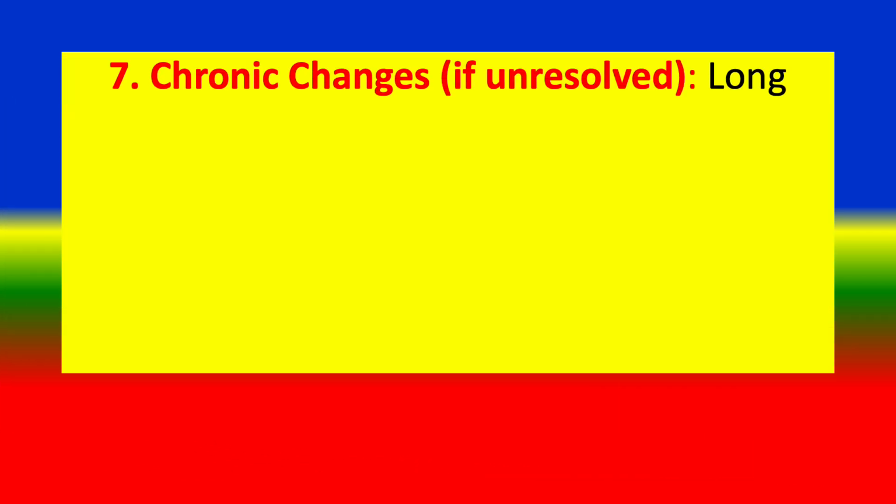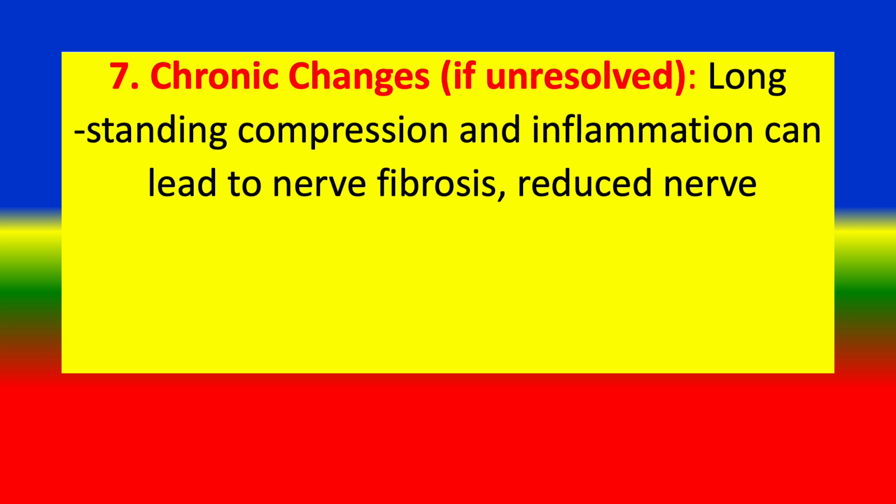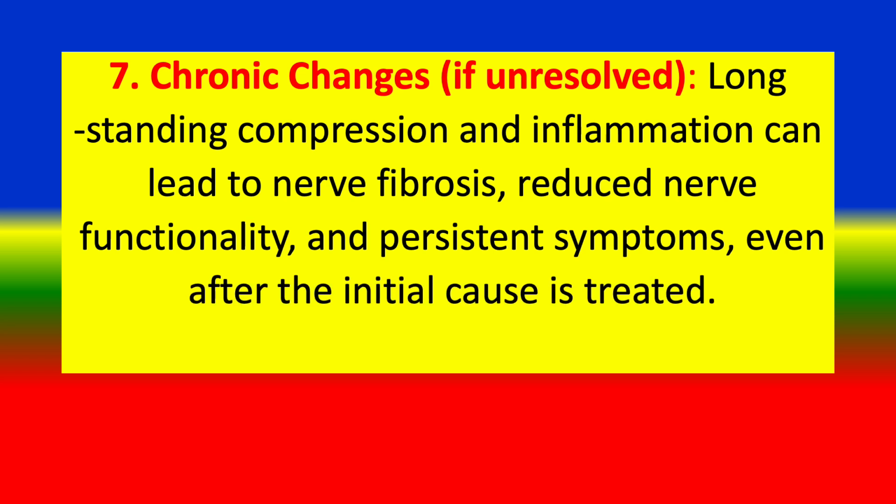Chronic changes: if unresolved, long-standing compression and inflammation can lead to nerve fibrosis, reduced nerve functionality, and persistent symptoms even after the initial cause is treated.